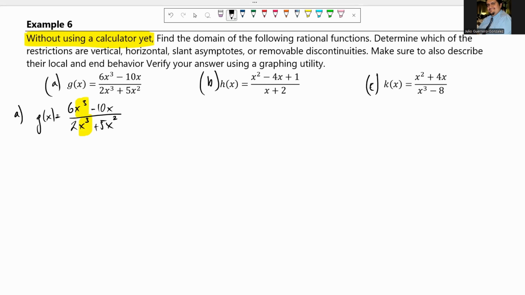So automatically, we have a horizontal asymptote at a divided by b. In this case, my a and my b are 6 and 2, so that means I have a horizontal asymptote at 3.